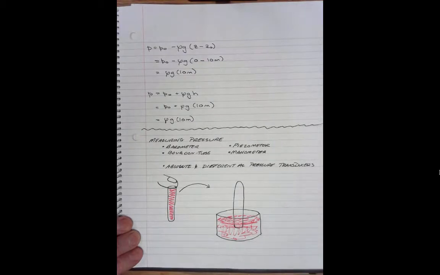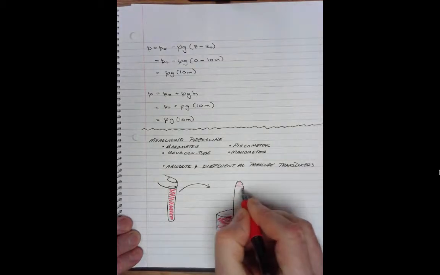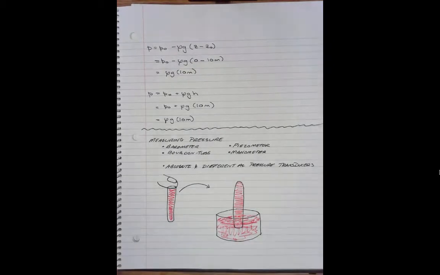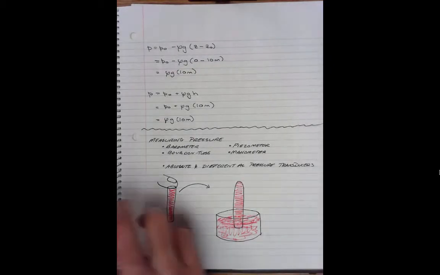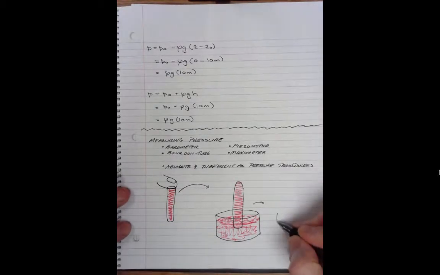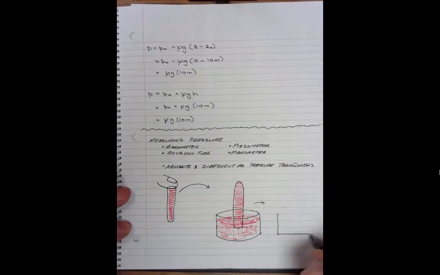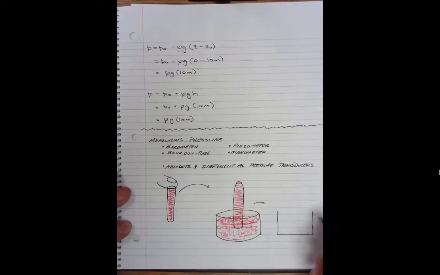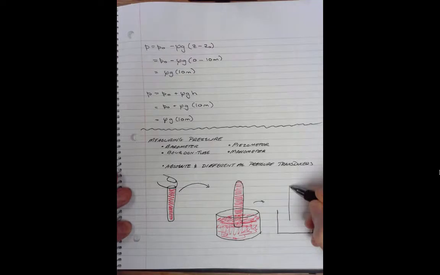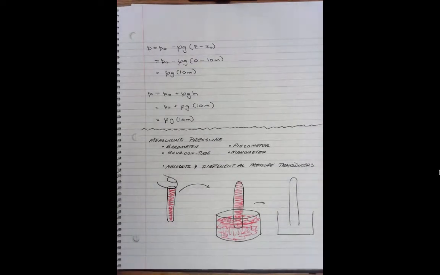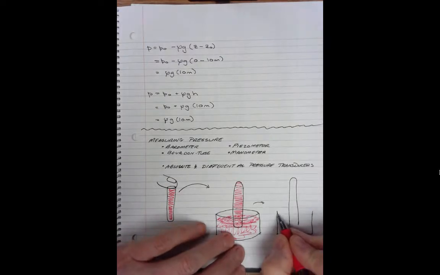And then we remove our thumb. Pretty quickly, we're looking at now a side view. The system will look something like this.